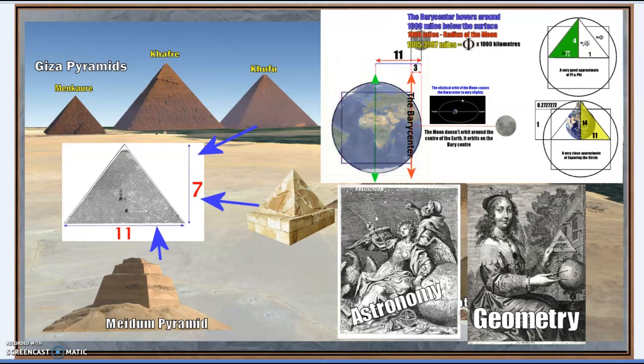So it's the application of knowledge and logic, not the requirement of advanced technology, to achieve this knowledge. So even though there's no smoking gun to say they understood about the barycenter and size of the Earth and the Moon, it is worth noting that Greeks and Romans went to Heliopolis to study from the Egyptians.